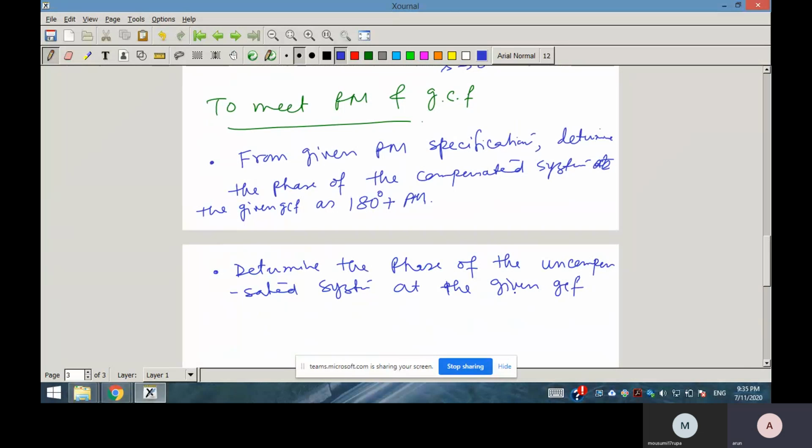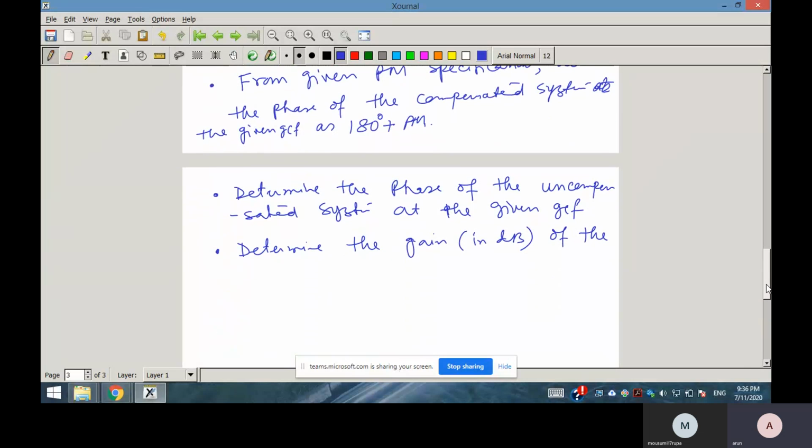So determine the phase of the uncompensated system at the given specification. Next is to determine the gain in dB of the uncompensated system, again at the given GCF.